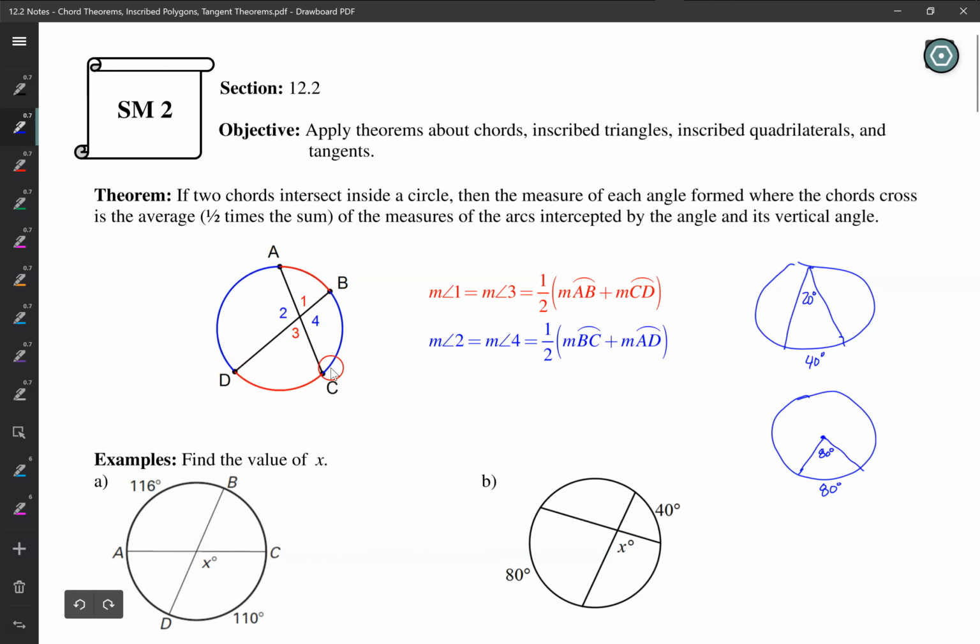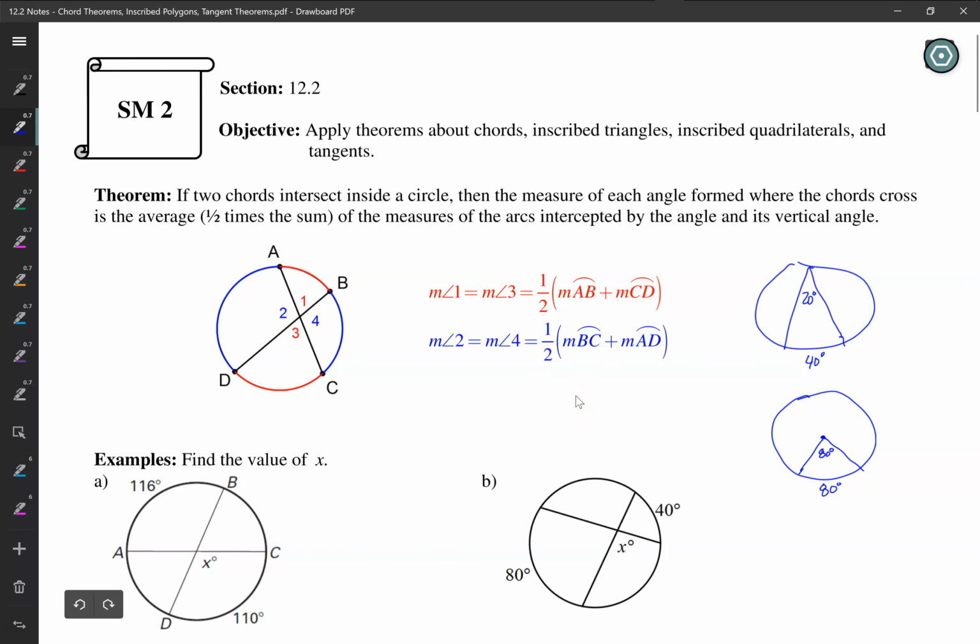So arc BC is going to have a smaller measure than arc AD. And that's fine because these are not central angles, so their measures aren't going to be equal to these arc measures. So we want to know, how are the measures of these angles in the middle related to these arcs?